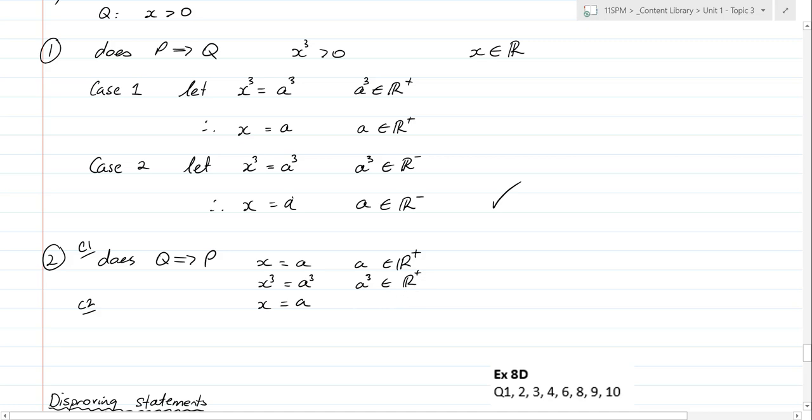In fact, I'll do that for this one, just to show you. If x equals negative a, then x cubed is equal to negative a cubed. And negative a cubed is a real negative, and that doesn't really matter. All that matters is this one here. So the implication holds both ways, and therefore P and Q are equivalent.